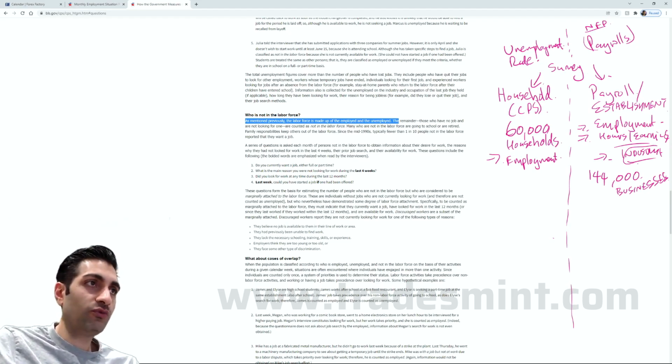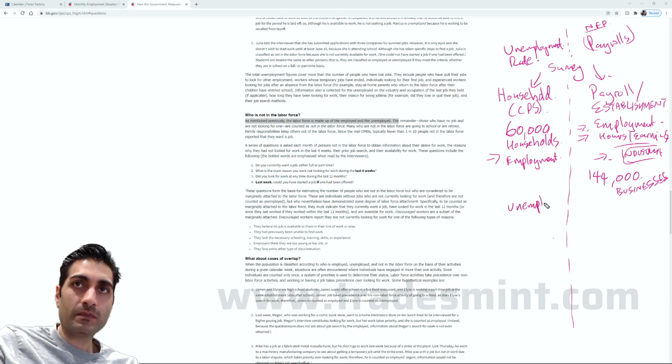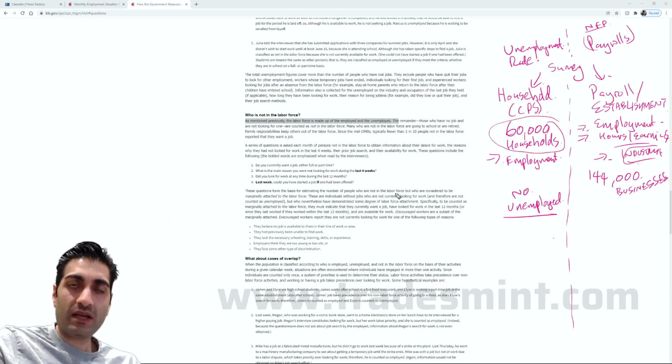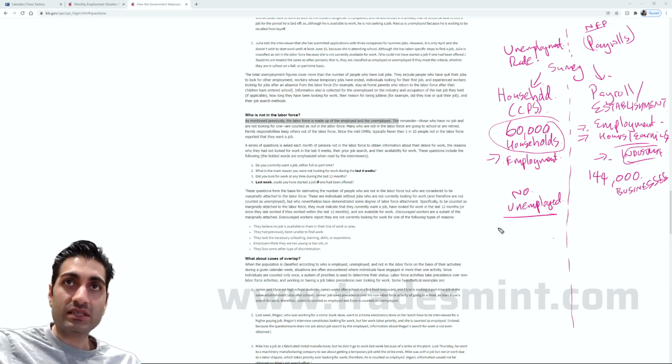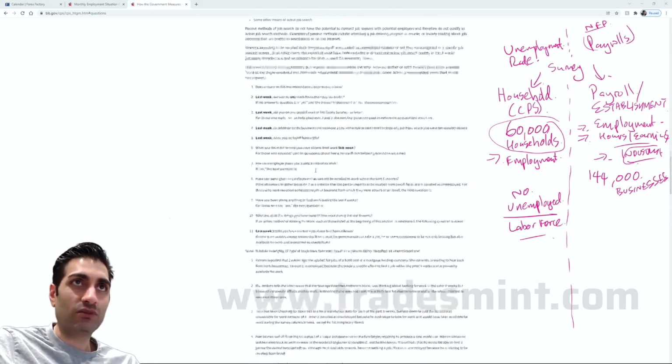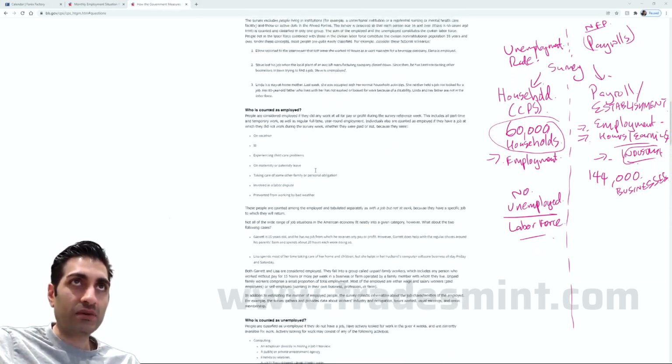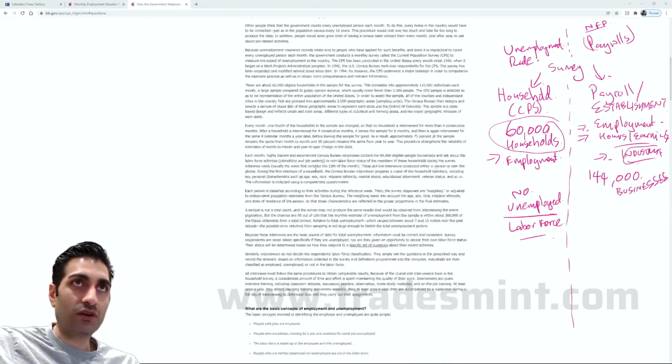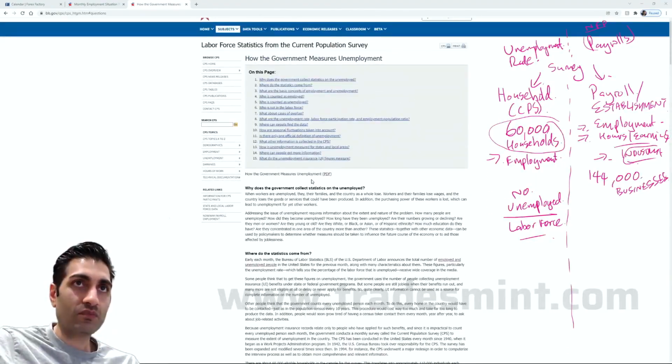Okay, so the actual formula, but we're going to get into this later, for the unemployment rate is the number of unemployed out of this 60,000 that they categorize as unemployed, divided by the labor force. Okay, what is the labor force? It's people who are actively looking for work, basically. And there is a very good section here on the labor force.